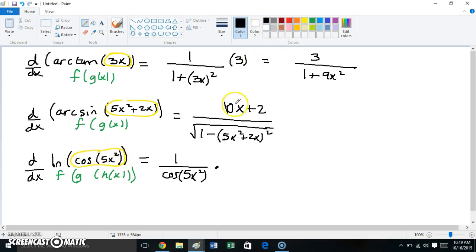The derivative of cosine is negative sine, in this case negative sine 5x squared. But we have another inner function, 5x squared, so we must also multiply by its derivative of 10x.